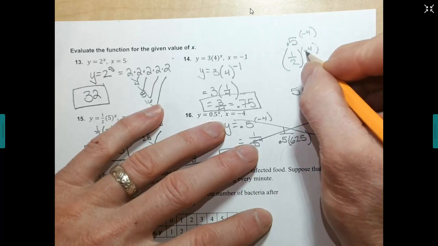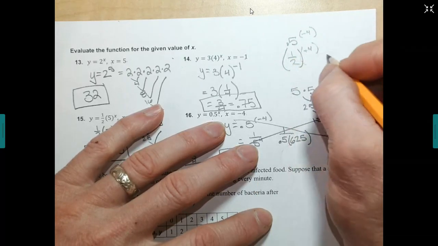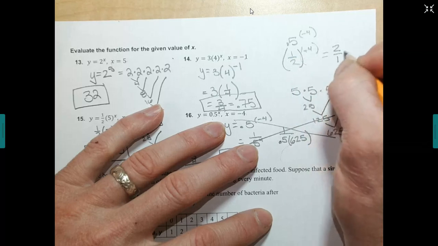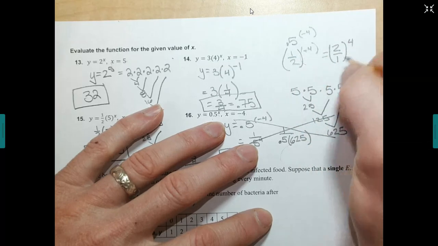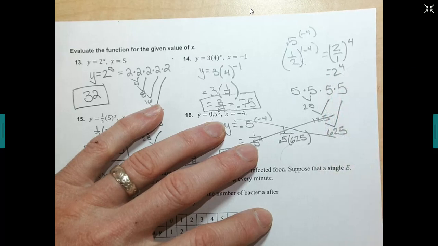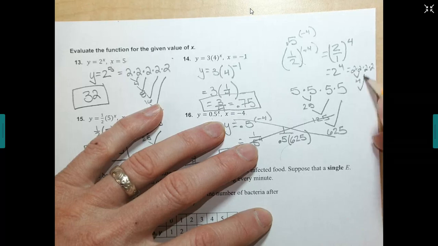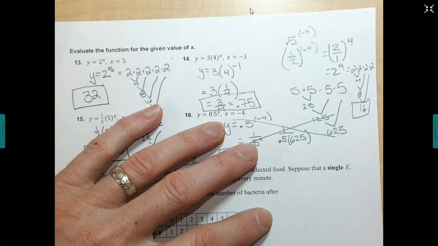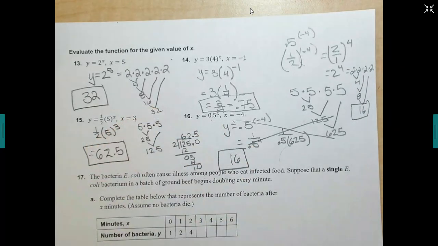So to get rid of this negative, I have to flip this. So it's 2 over 1 to the 4th. So it's 2 to the 4th power, which is 2 times 2 times 2 times 2. 4, 8, 16. Sorry about that. Okay.